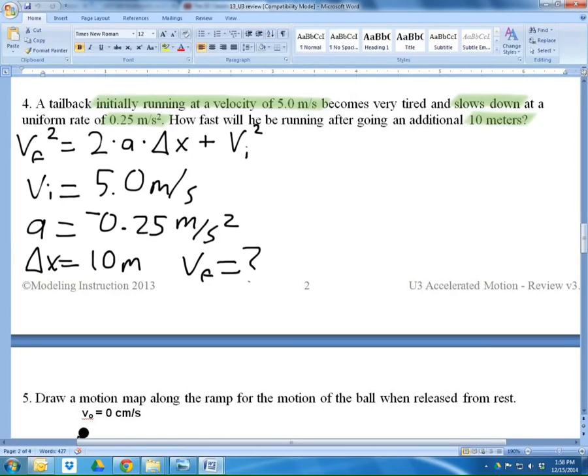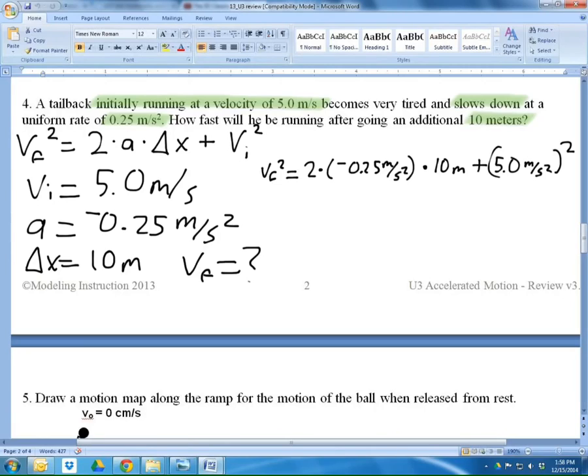Okay, so VF squared is equal to 2 times negative 0.25 meters per second squared times delta x, which is 10 meters, plus my initial velocity, which is 5.0 meters per second squared. And that whole thing is going to be squared.